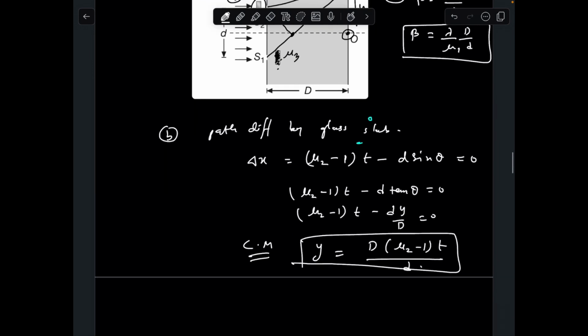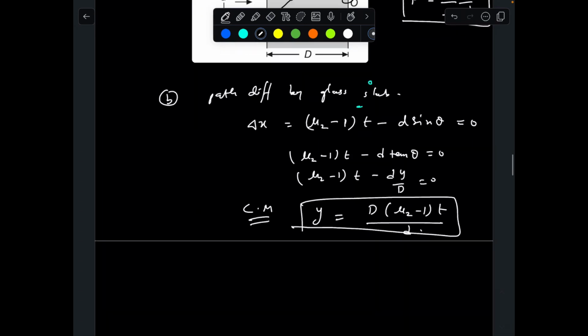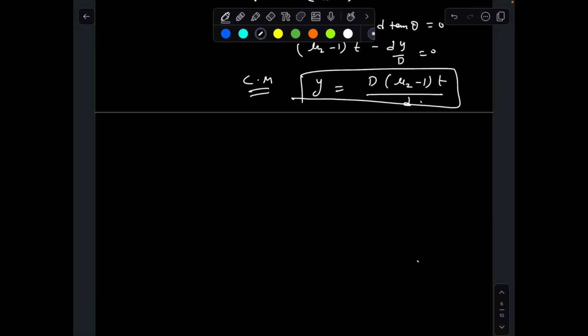In this case, what is the path difference? Try to understand one point: whatever path difference is introduced by mu2, the same path difference has to be introduced by mu3. Then the net path difference will be 0, so central maxima will be at O only. What is the path difference introduced by mu2? It is (mu2 minus 1) into t.